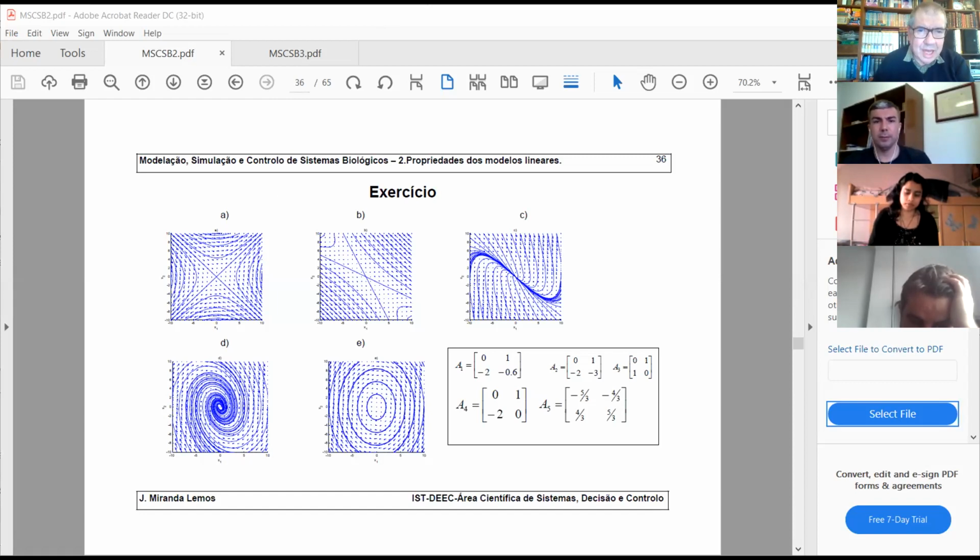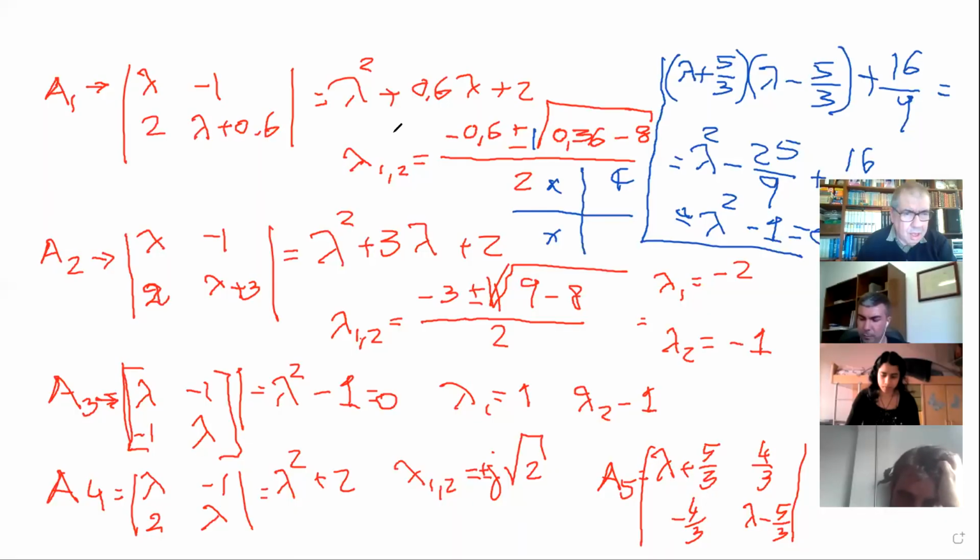Now let's look at the others. The others are real, minus 2 and minus 1. A2 is real, with eigenvalues minus 2 and minus 1. And this corresponds to what? Two negative eigenvalues.